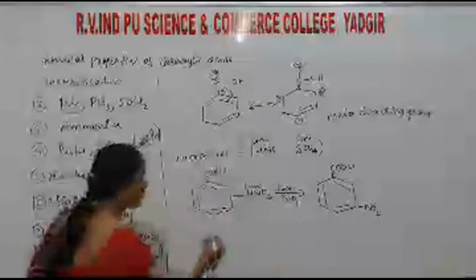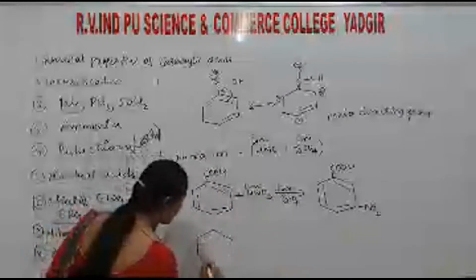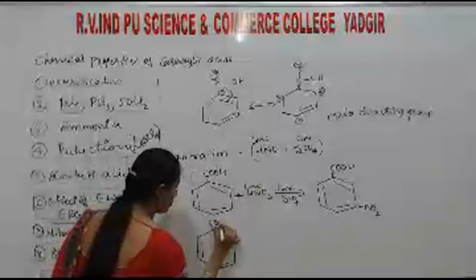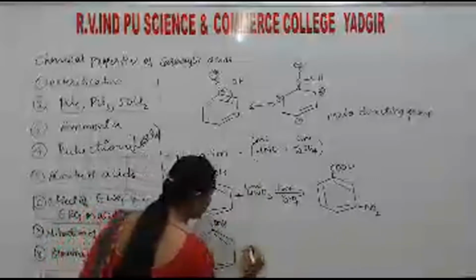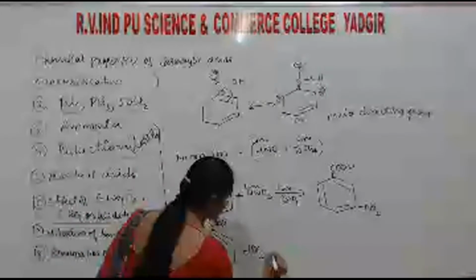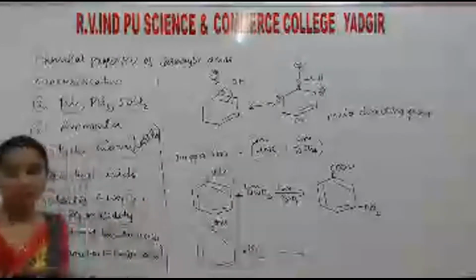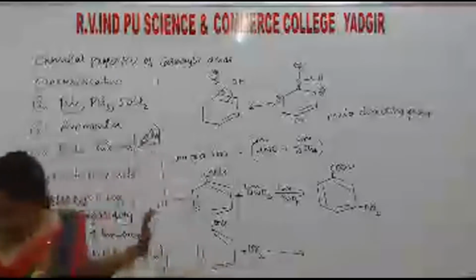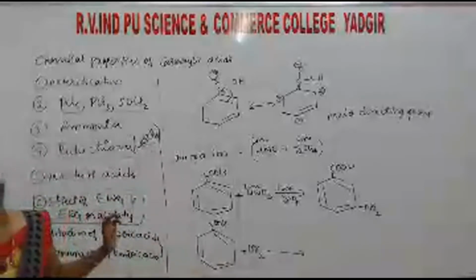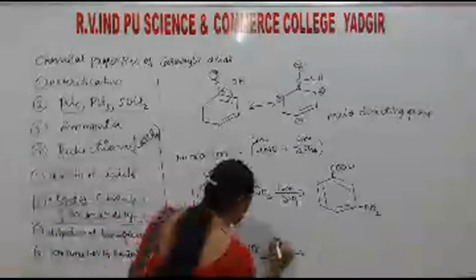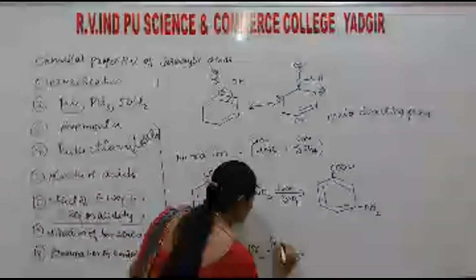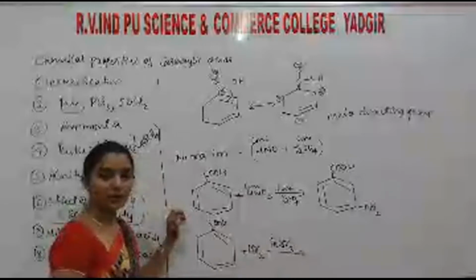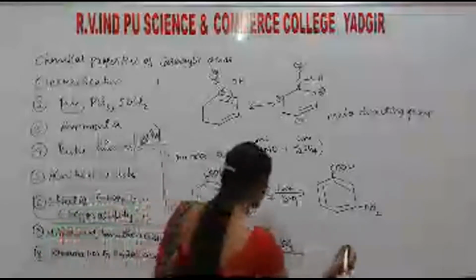Understood? And if you take bromination, of course, this is COOH. Correct? So here you may take FeBr3 as a catalyst.